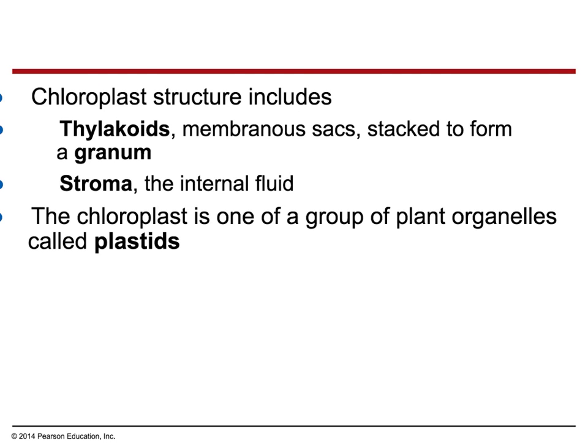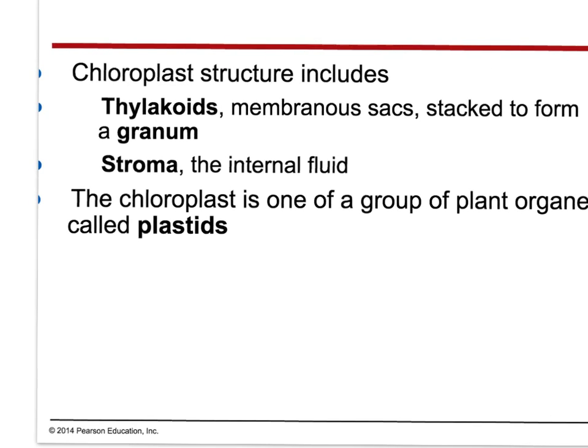Okay, the structure of these includes thylakoids, right? It's not just a simple double membrane like we saw in mitochondria. It's more complex, right? So the thylakoids are actually membranous sacs, the kind of vesicles of membrane that contain chlorophyll.